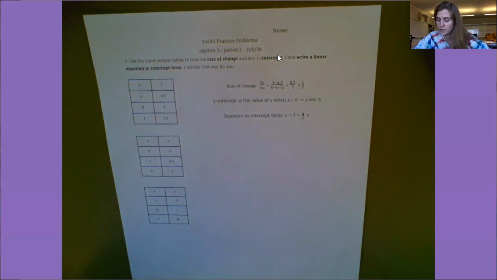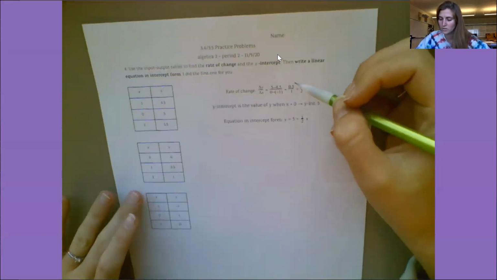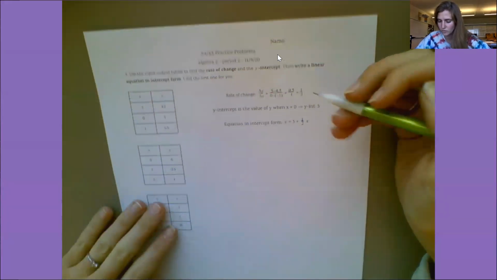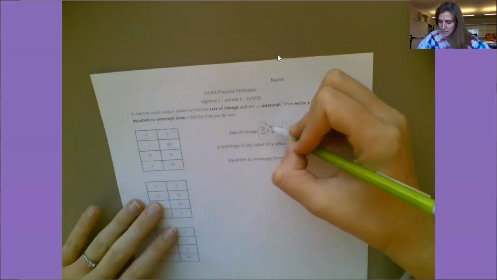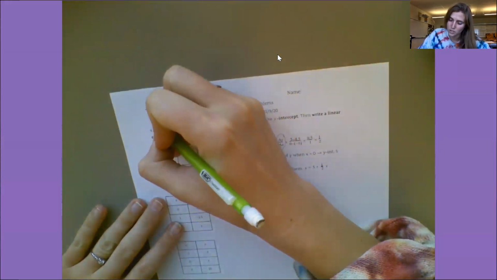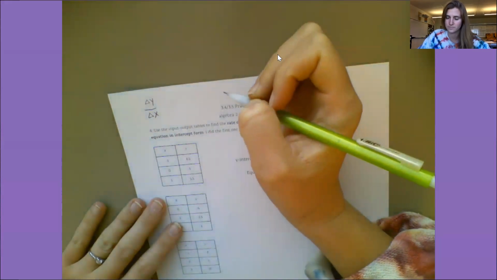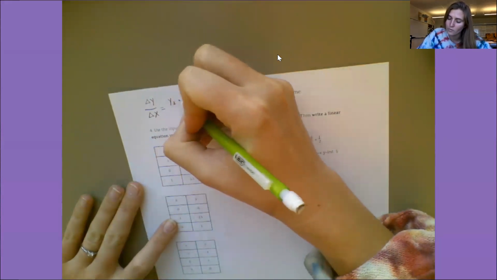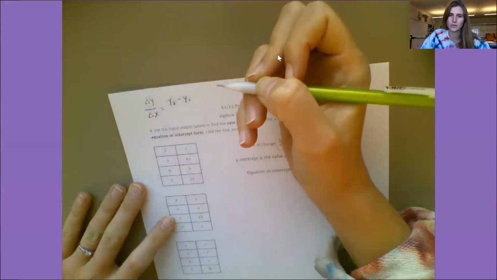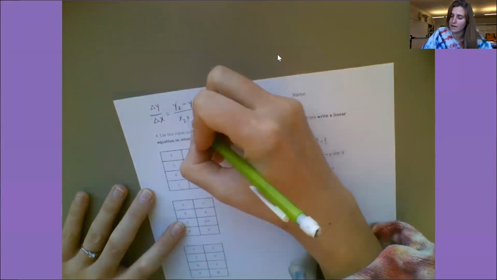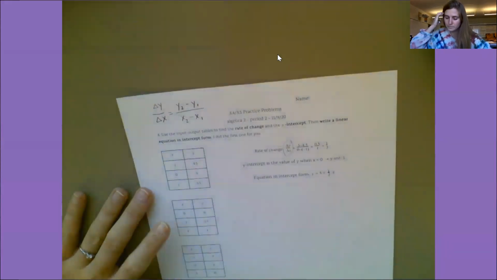So this first one, let's talk about the formula for rate of change. The formula for rate of change is this: the change in y divided by the change in x. So that's going to equal one y value minus another divided by x value minus another.